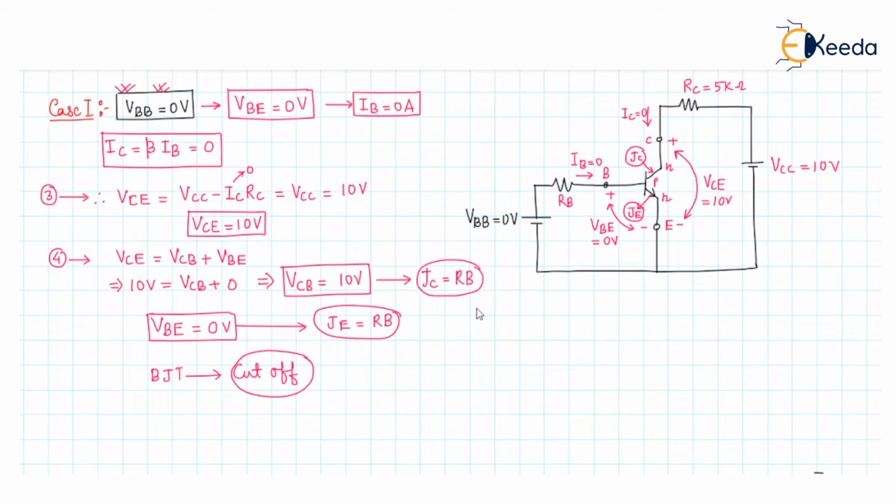And in this cutoff region, we can draw the equivalent circuit like this. This is my collector, this is my base, this is my emitter.